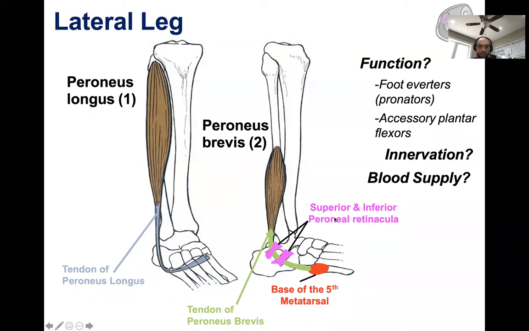And then we have the retinacular tissue. So let's talk a bit about that. Retinaculum itself is a band of thick and deep fascia, right? So you guys remember how we have the deep fascia that wraps around the separate muscle layers and groups muscles together into compartments. Right now we're in the lateral compartment of the leg. We also have the anterior compartment as well as the posterior compartment.